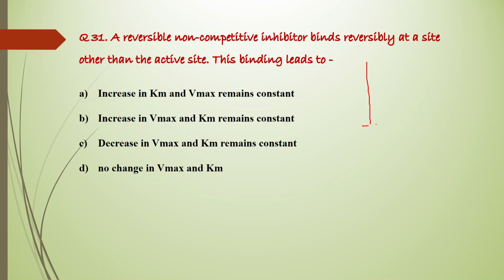So if we just draw the Michaelis-Menten plot for non-competitive inhibition, what happens in case of non-competitive inhibition? The equation, if we write, this is your normal enzyme kinetics. Now in case of non-competitive inhibition, the inhibitor can bind with the enzyme itself.